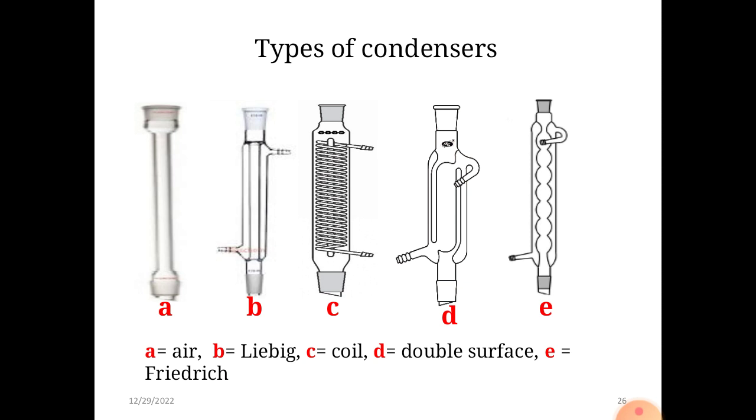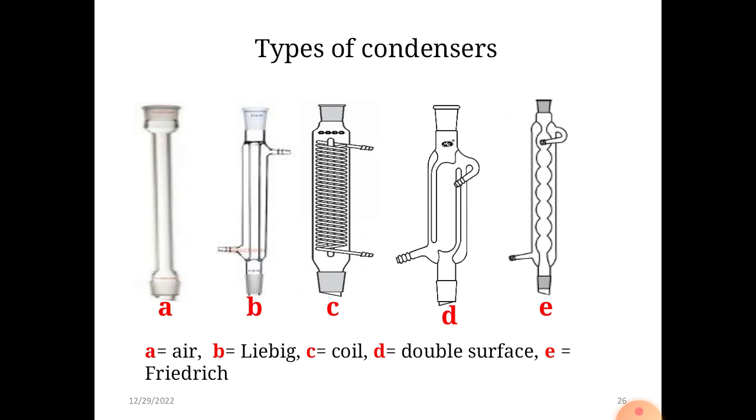This works for liquids having boiling points higher than 40 degrees centigrade, because water is at normal temperature. At room temperature, water is at 20 to 27 or maximum 30 degrees centigrade. The liquid must boil above that temperature, otherwise a coolant can be used for those having lower boiling points.